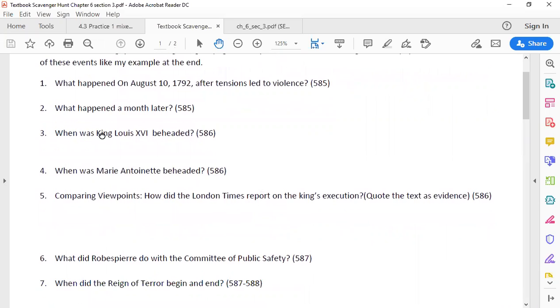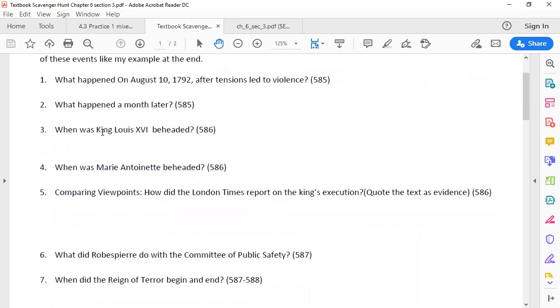Question number 1 says, what happened on August 10th, 1792, after tensions led to violence? We read on page 585 how French troops had declared war on the neighboring countries, and they were really getting beat down pretty bad.